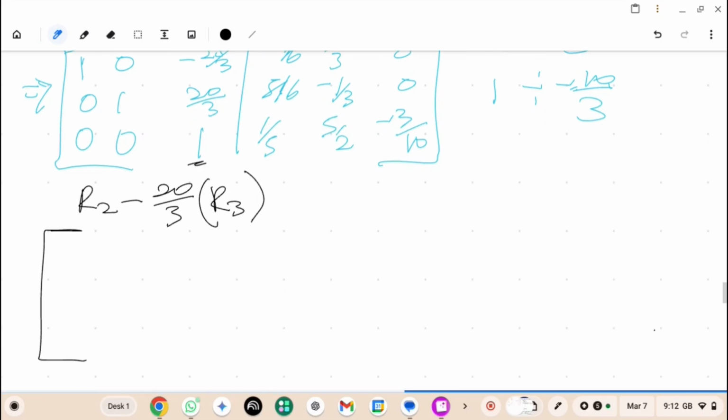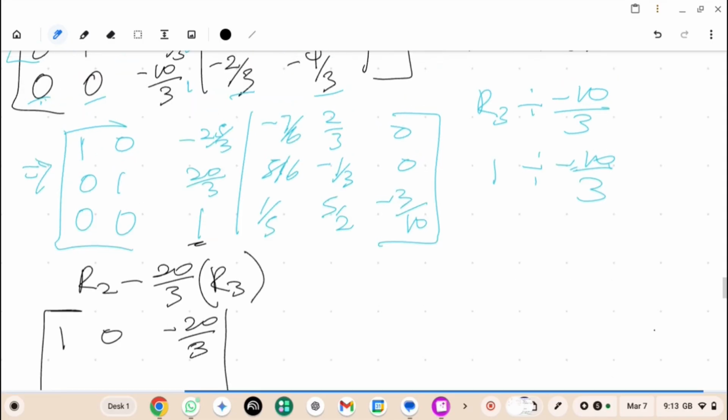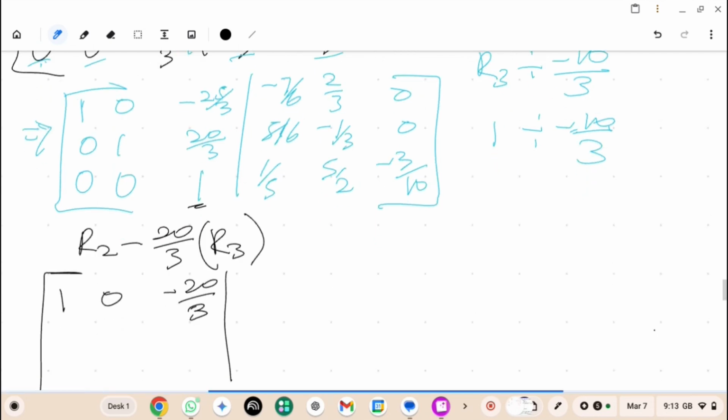So let's write those that are not affected. So we have 1, 0, minus 20 on 3, negative 7 on 6. We have 2 on 3. We have 0.